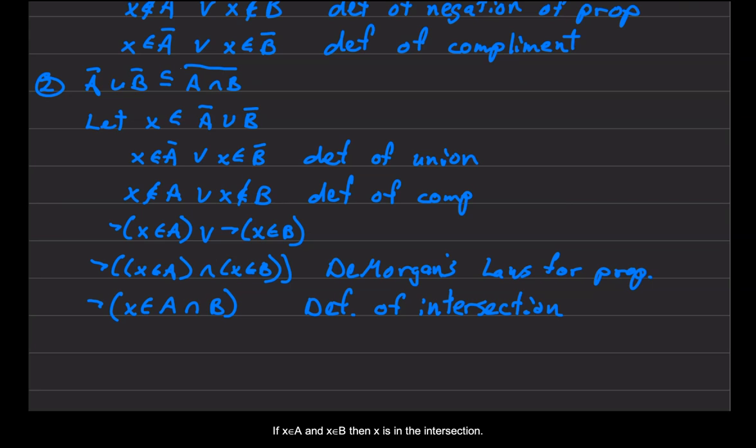If X is in A and X is in B, then X is in the intersection. Okay? Now using the definition of complement, we can say that X is in A intersect B's complement. And this is using the definition of complement.